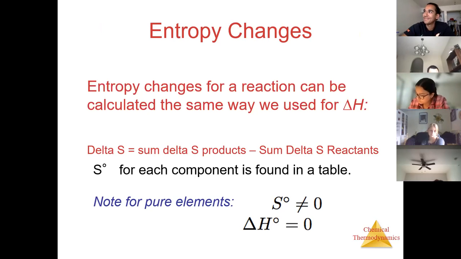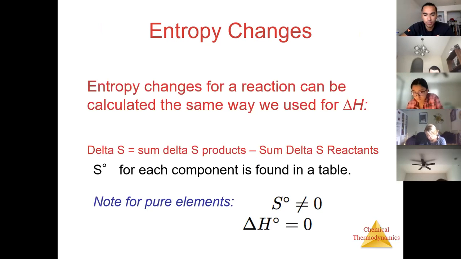Now, there is something that you need to note. Delta H of formation for pure elements in their natural state is 0. Again, I will repeat that. The change in enthalpy of formation for pure elements in their natural state is 0.